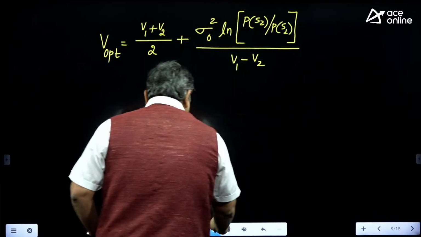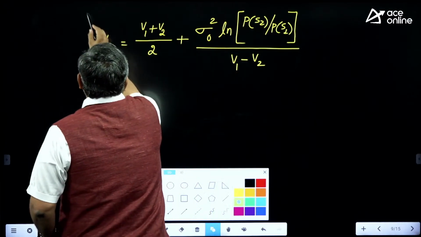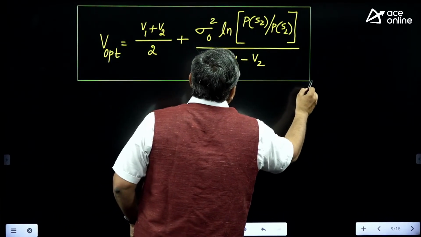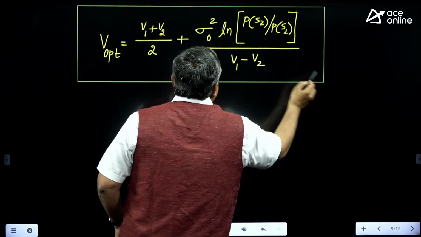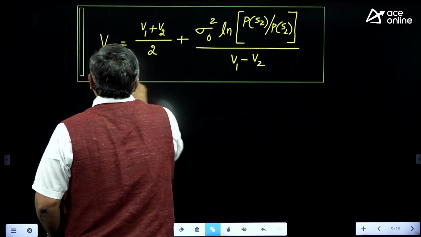That's all. So this is how you are getting the formula for optimized value of the threshold voltage.